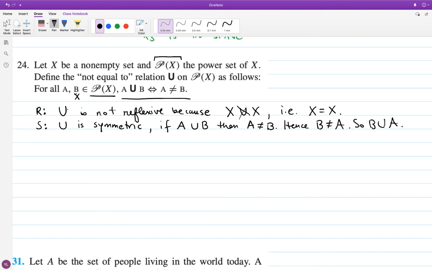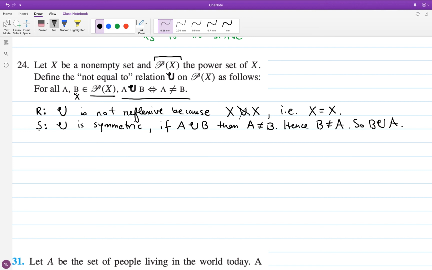I'm going to come back and put a little curl on it because I don't want it to be confused with the union symbol. So let's imagine that they have used a better symbol for their relation.